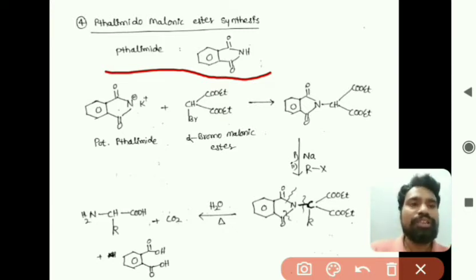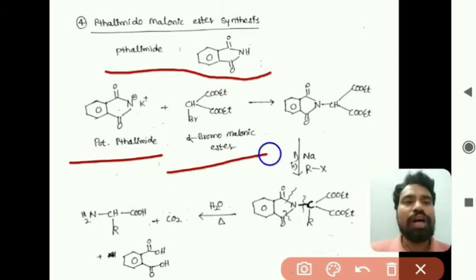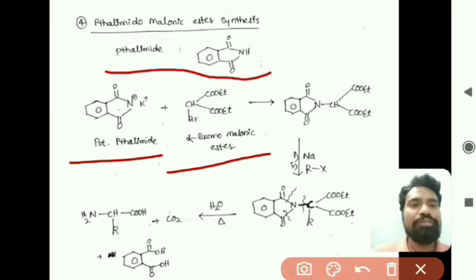In this method, the starting material is potassium phthalimide, which is reacted with alpha bromo malonic ester. As we know, malonic ester is CH2(COOEt)2. Here we are taking alpha bromo malonic ester, where one hydrogen is replaced with bromine.